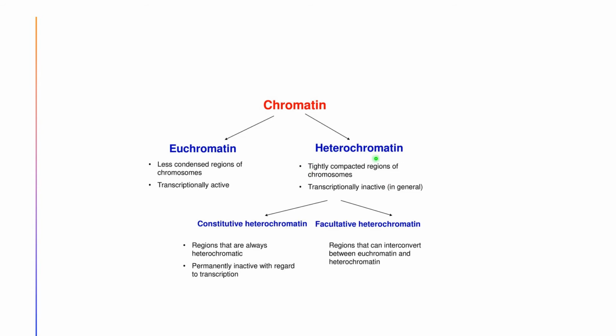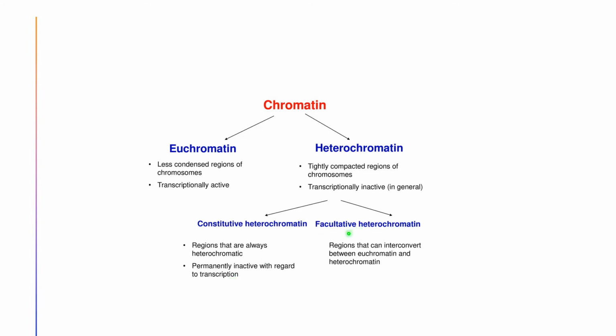Now, heterochromatin is in turn divided into two types. One is constitutive heterochromatin and the second one is facultative heterochromatin. Constitutive heterochromatin are the regions that are always heterochromatic and permanently inactive with regard to transcription. It means constitutive heterochromatin is permanently heterochromatic and is not involved in any transcription.